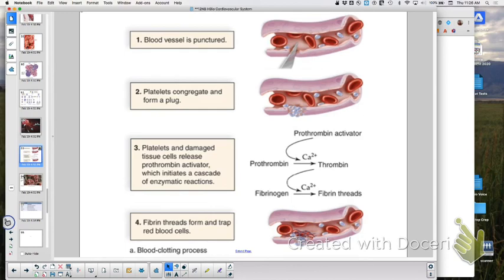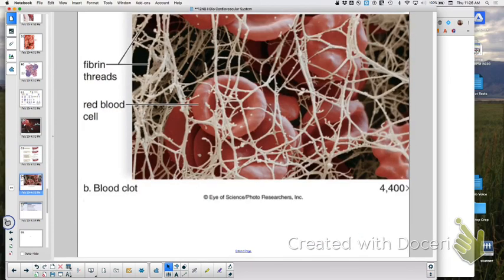And eventually you get these fibrin threads that go across, and the red blood cells get stuck in them, and that becomes a scab. So platelets, I gave you A, I gave you B, part of B. Platelets at a wound with damaged tissue start an enzymatic process, ending with fibrin threads forming a framework or clot.